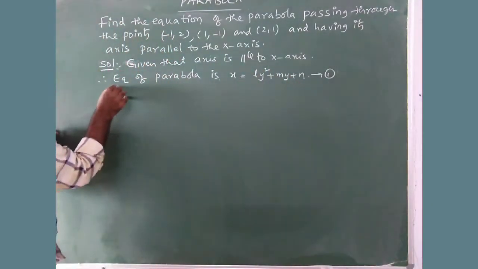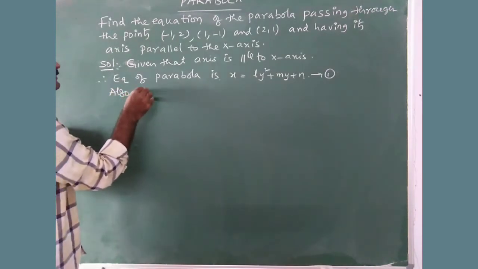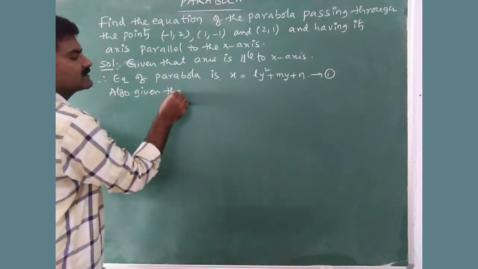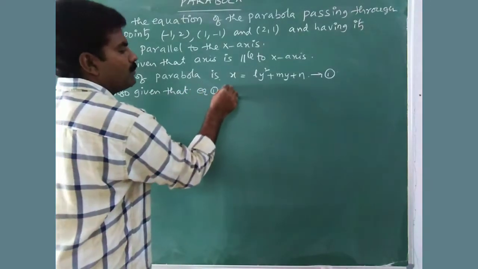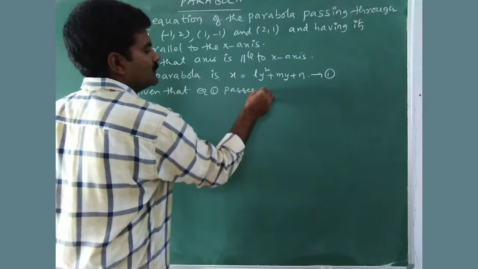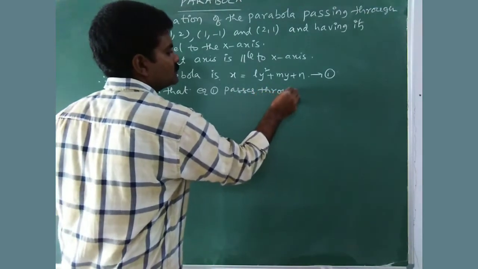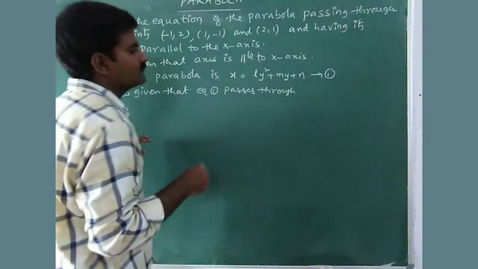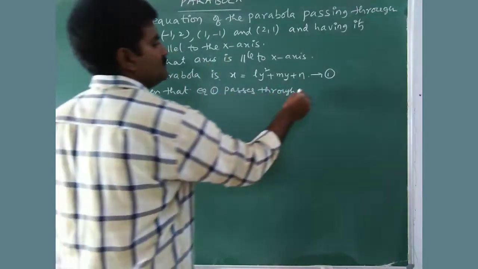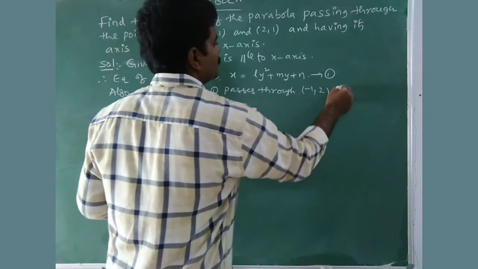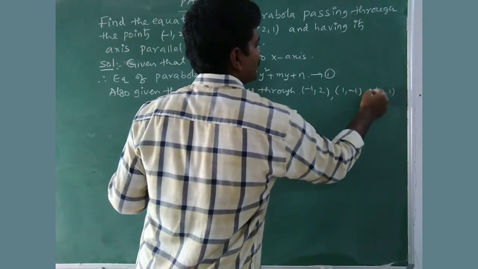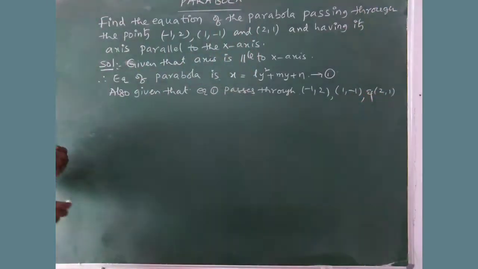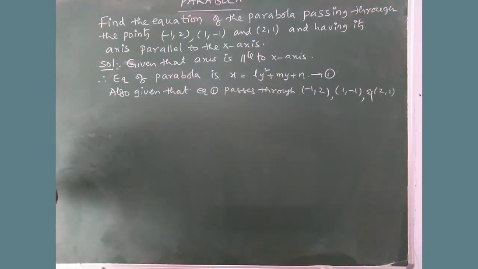So also given that equation 1 passes through these points, (-1, 2), (1, -1) and (2, 1), right? So passes through in the sense they should satisfy the condition, right?